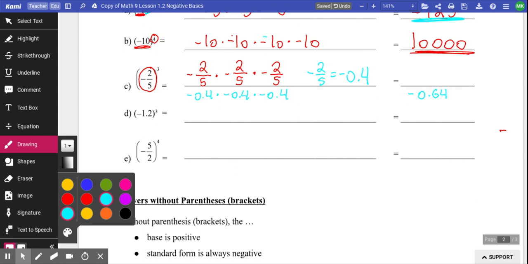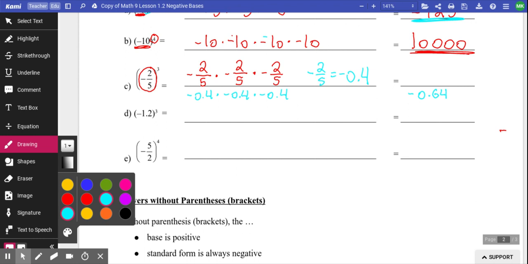Awesome. Now, on tests, sometimes they want the fraction, right? And if you don't know how to do the fraction, that can be really challenging. The best way to multiply fractions is you multiply all the top numbers together to get your new top number, and you multiply all the bottom numbers to get your new bottom number.